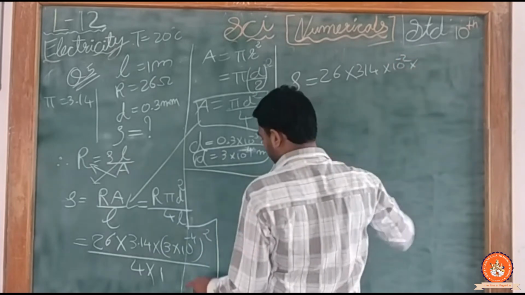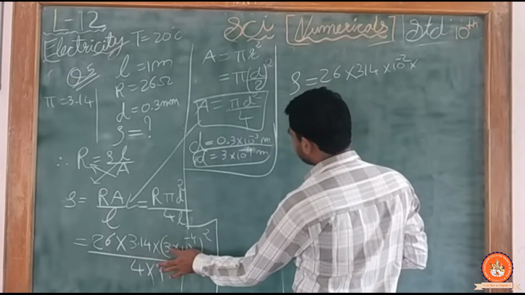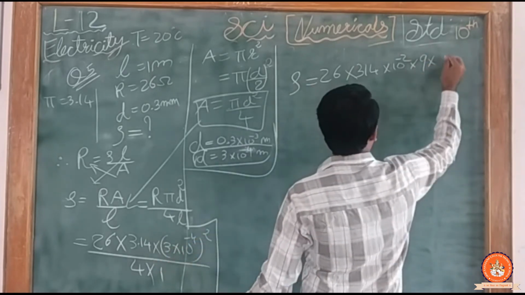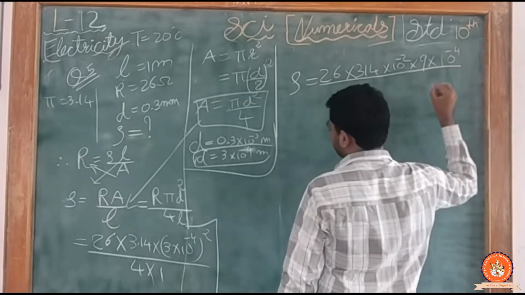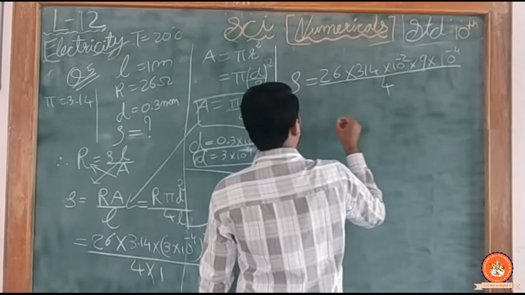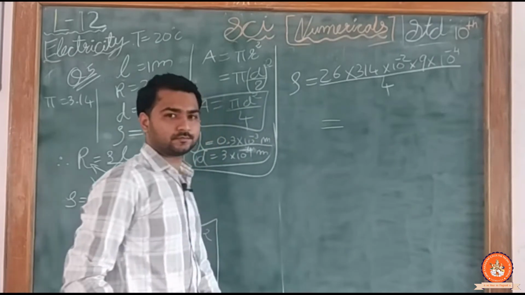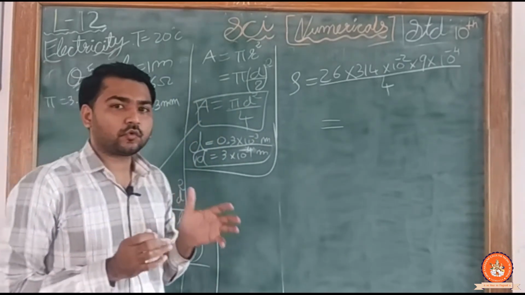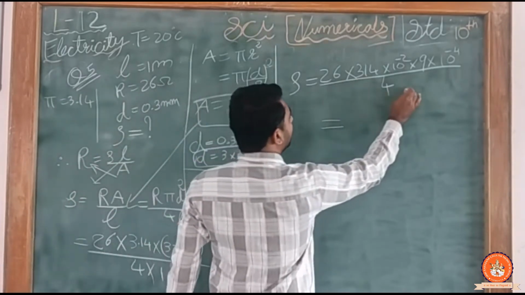Now squaring this term, 3 into 10 raised to -4 the whole square, so 3 3s are 9. And 4 2s are 8, that means 10 raised to -8. This is basic mathematics. 4 1s are 4. You are in 10th standard, so you can easily calculate this. Only you have to understand which formula you will apply in this sum. Clear? Now we will multiply each and every term.